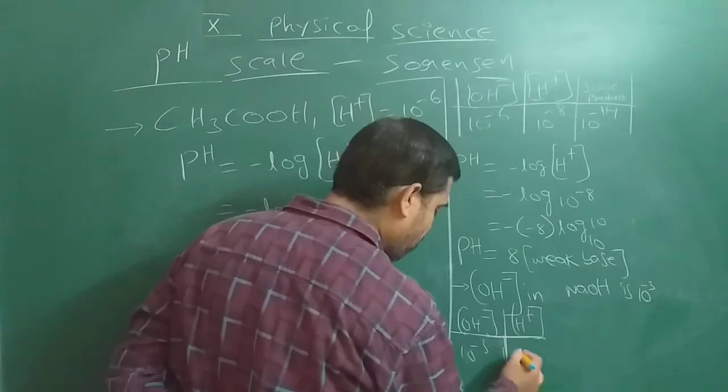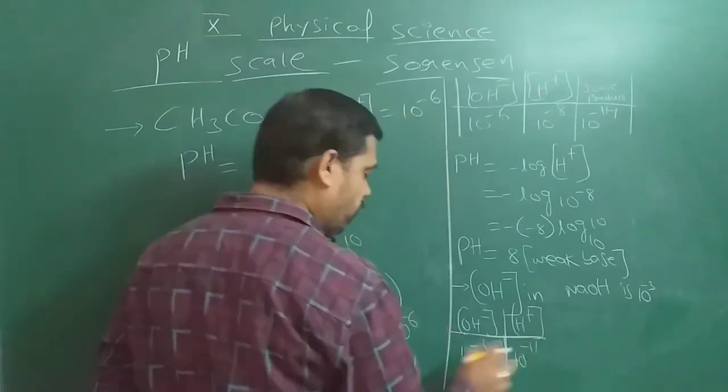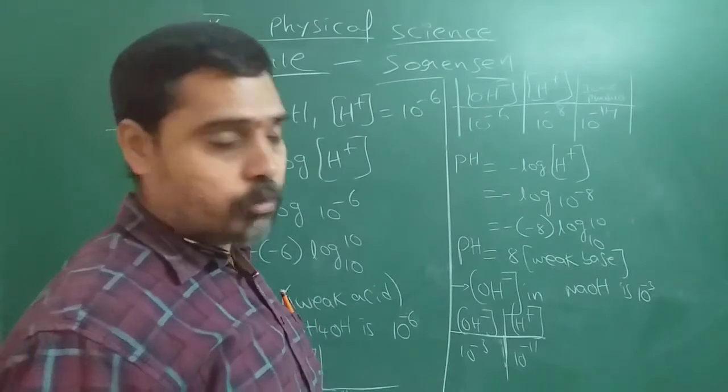The H plus ion concentration will be 10 power minus 11, because the ionic product should be 10 power minus 14.